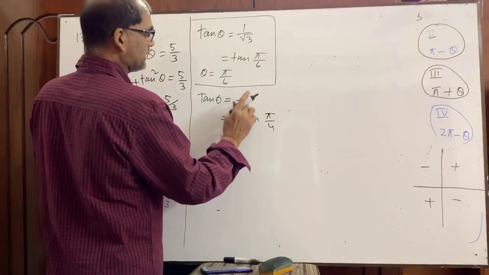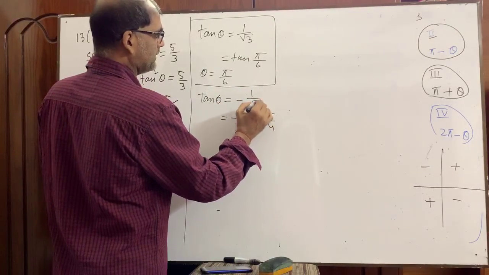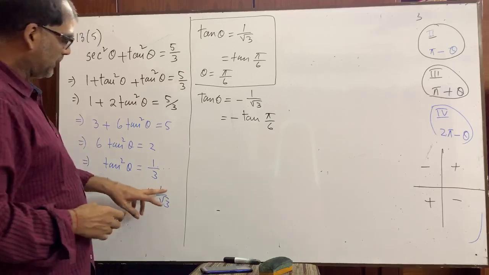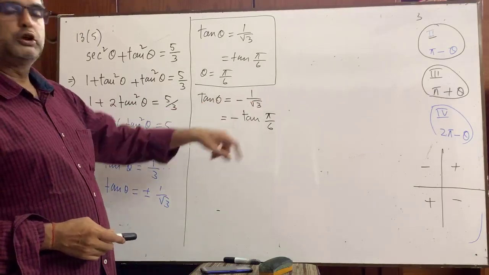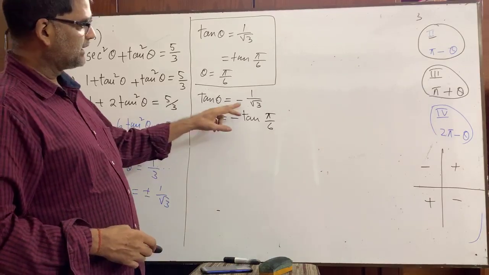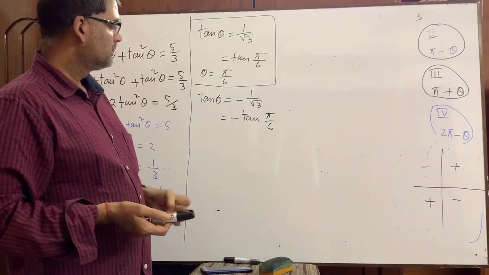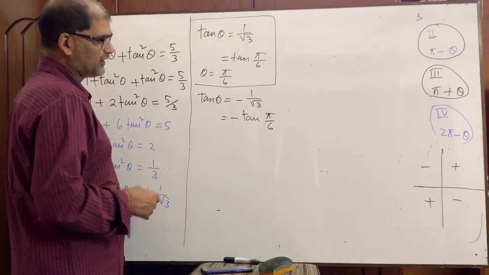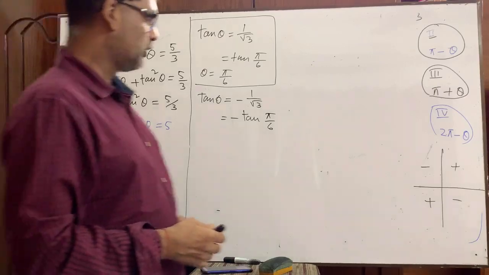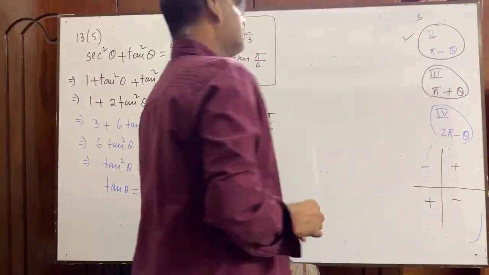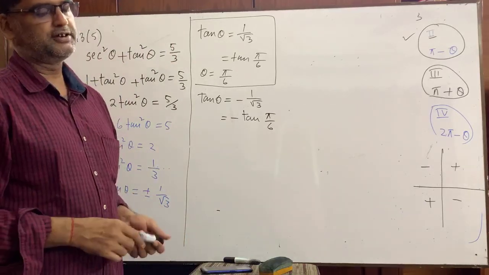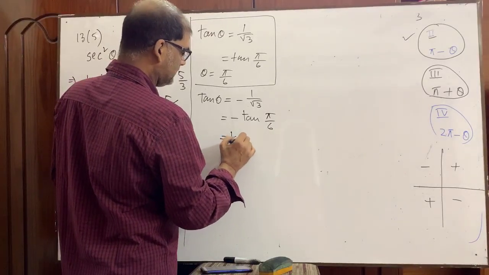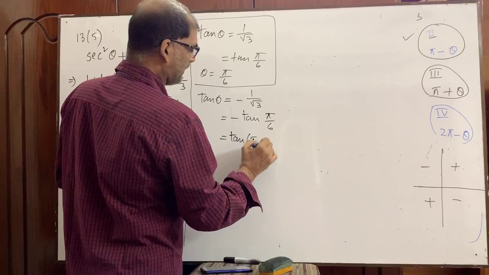It is minus 1 by root 3, so this minus is kept the same. 1 by root 3 equals tan pi by 6. Now in the second quadrant, what is the formula? I have written here: for the second quadrant, it is pi minus theta. So we can write tan of pi minus theta.